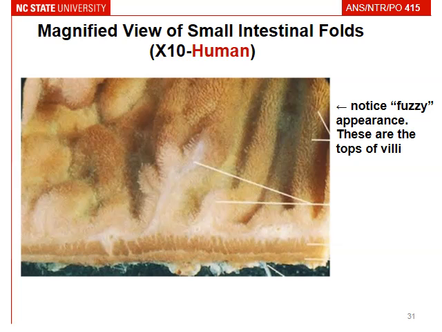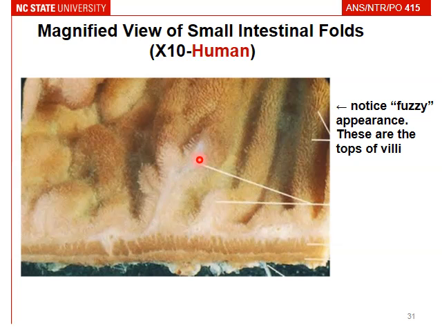Here we have a magnified view of the small intestine. This is a human, so it's very difficult. You can't see the microvilli, but all this fuzzy component is actually the microvilli. Here we would have what would be the cylinder component.